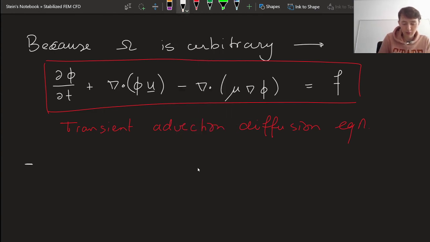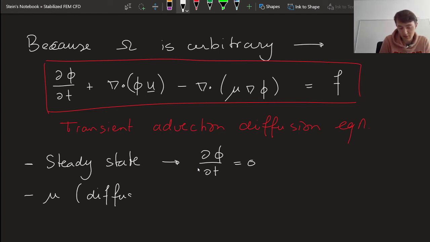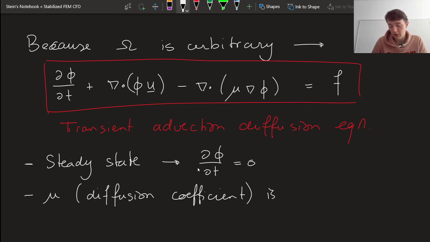So suppose that we make the assumption that first of all we're in steady state. That means that the time derivative is 0. Secondly, I'm going to assume that the coefficient mu, which is the diffusion coefficient, is spatially constant.